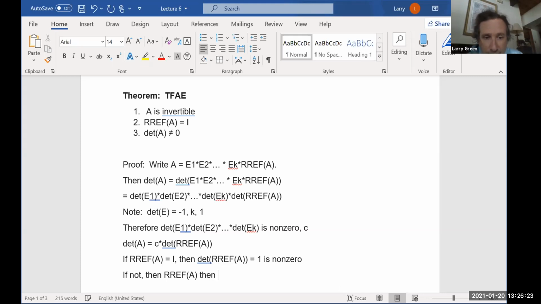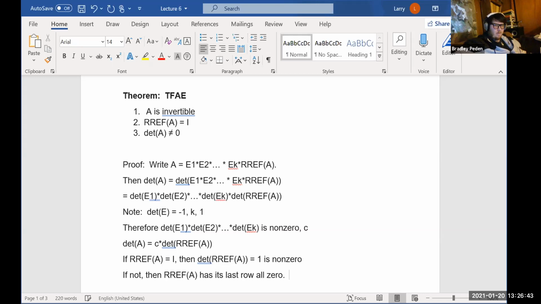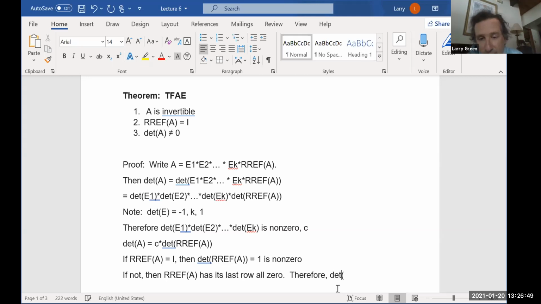Then RREF of A has its last row all zero. So if the last row is all zero, what do we know about the determinant? It's 0. Therefore, the determinant of A is equal to 0.